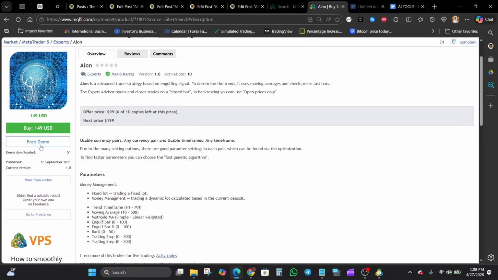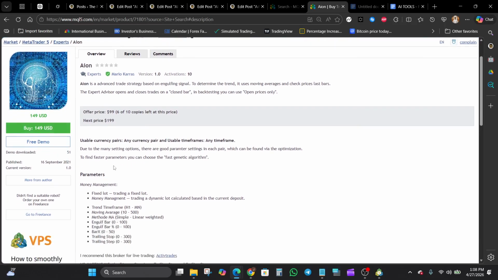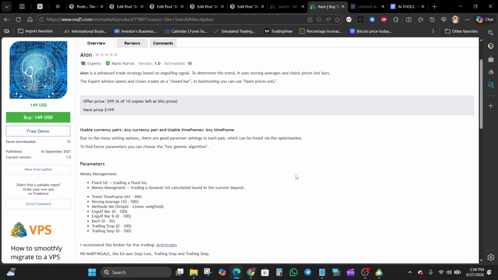Now I have already downloaded the free demo, which can only be used on the strategy tester, and that's what we are going to be doing shortly. We are going to be testing the Aion EA on any pair of our choice, running it on the H1 time frame.